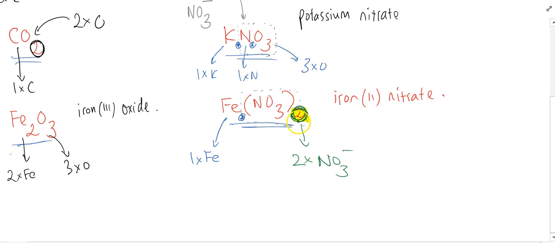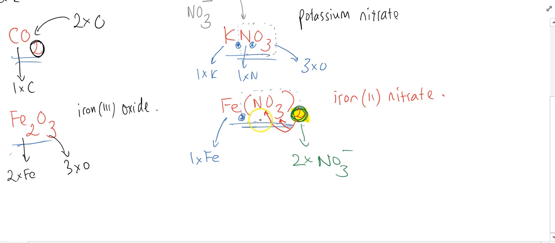How these brackets work is that the number that is subscripted directly to the right of the brackets tells us how many of the ion there are. So the way that you would use it is to multiply this number with the subscripts that follow any of the atoms inside the bracket. Nitrogen doesn't have a subscript, but it's implied that there is a subscript of 1.